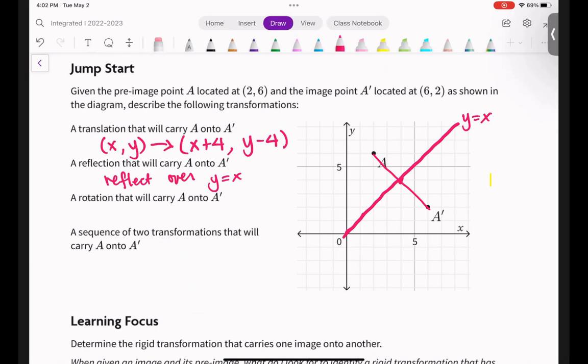Okay, the last one that we would need is a rotation. I'm going to erase this so I have some more points. The first place that I want to rotate it from is (0, 0), just because it's an easy place to rotate. So there are two things you need.